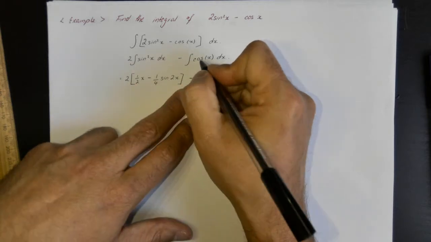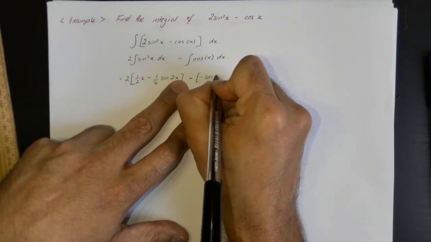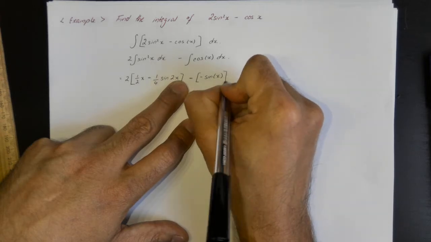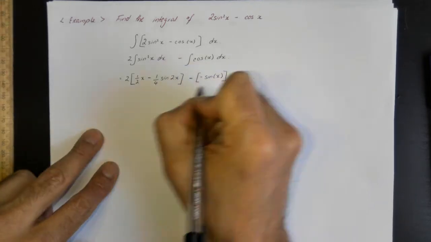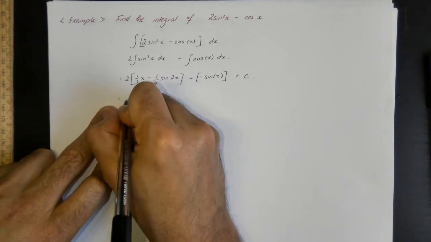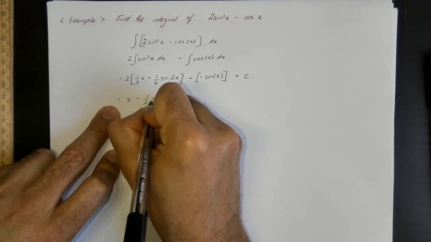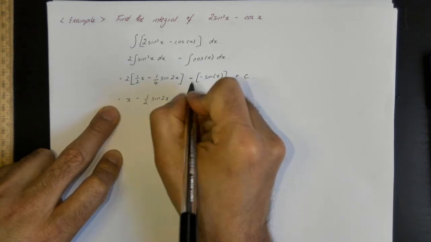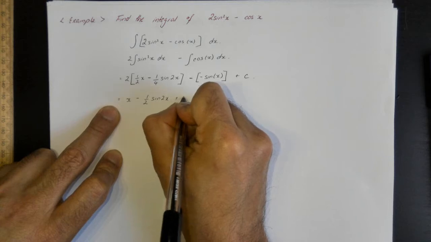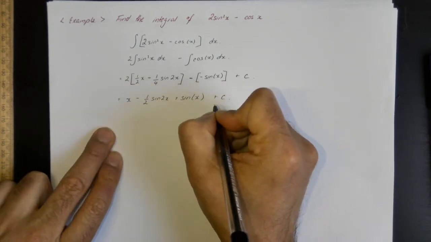The integral of cos is sine x, so minus sine x plus c. Tidying this up, 2 times a half is just x, minus a half of sine 2x, and then minus sine x plus c.